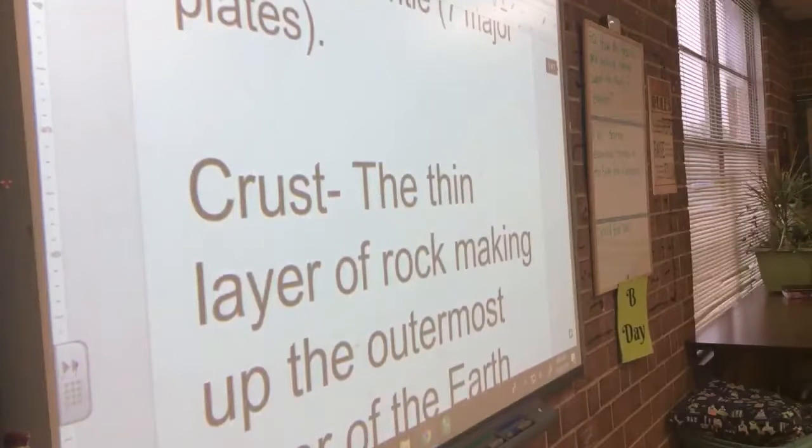All right, the crust is kind of like the crust of a bread. It's on the outside. It's the thin layer of rock. When we say thin, it's not like paper thin. It's thin compared to the other layers. It's a thin layer of rock, and it's the outermost layer of the earth.